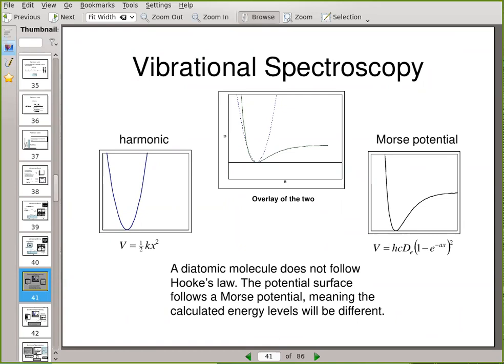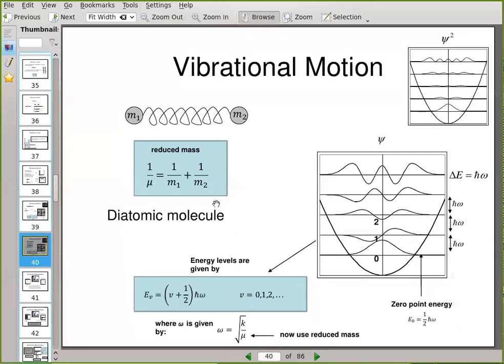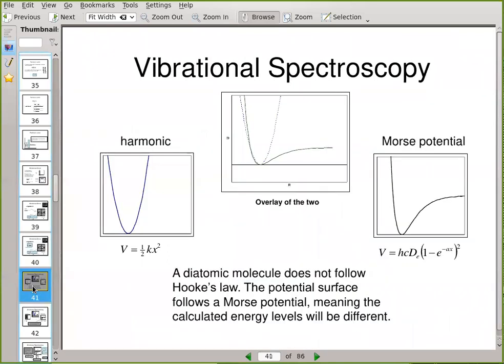Any questions? Okay, so reduced mass is a way of going from a single particle in a potential to two particles connected by a spring. And the maths works out really nicely. It's exactly the same, but of course you've got to have a reduced mass in the system.